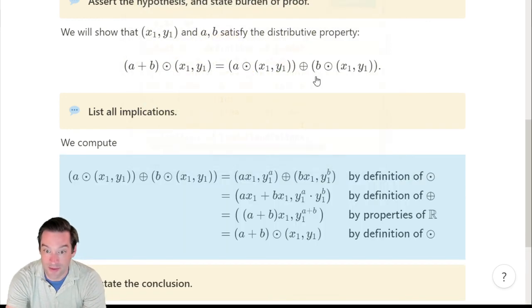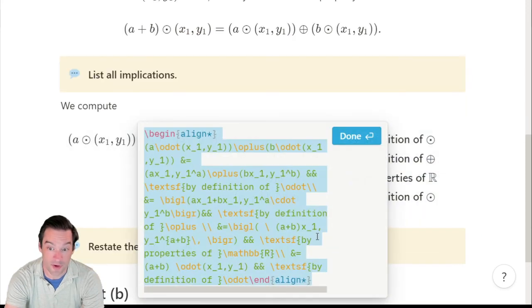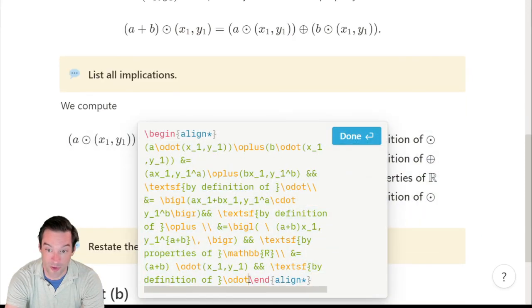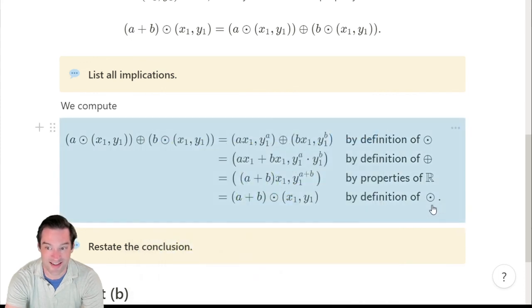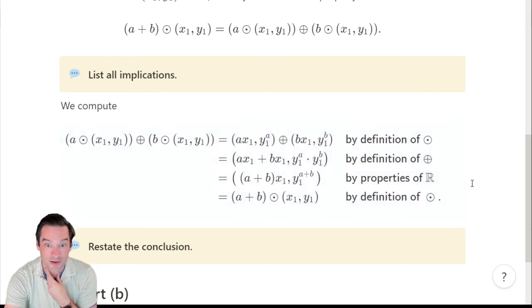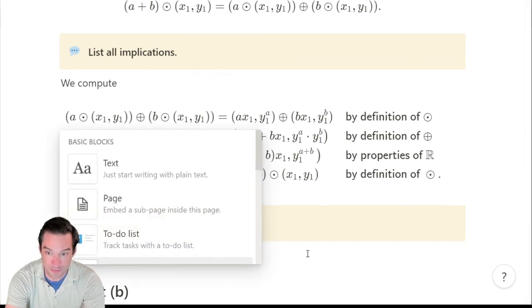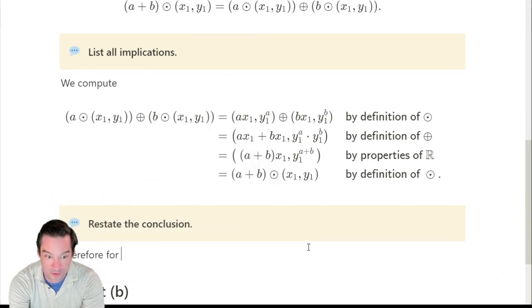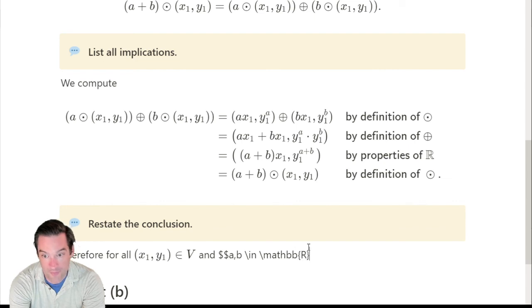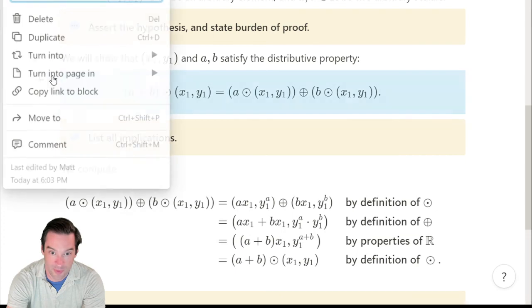And that is exactly the other side of the equation that we were trying to establish. Punctuation-wise, I'll put a period at the end of that sentence. It's going to look a little funny next to our funny multiplication symbol, but it's a complete sentence. So we did our computation, and now all we have to do is restate the conclusion. Therefore, for all x1, y1 in V and a and b real numbers, we have shown that, and I'll copy this equation down again.